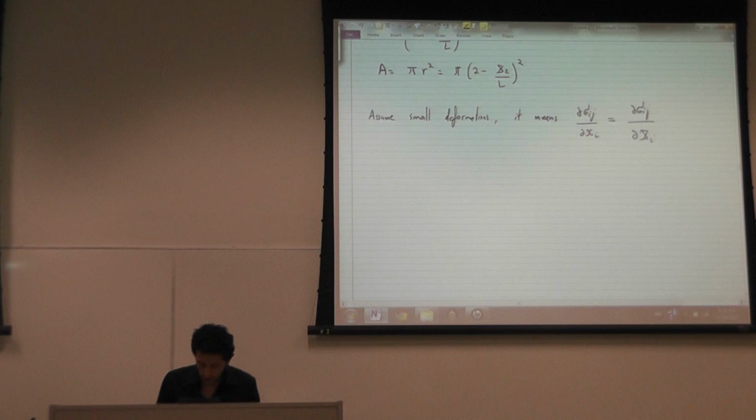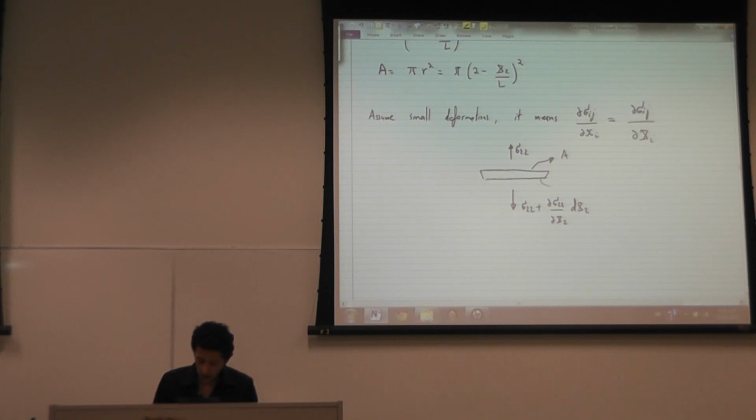I'm going to extract a small sliver of the material and say, if this is sigma 2, this is sigma 2 plus a little bit more. The reason I'm writing it again is because the area changes.